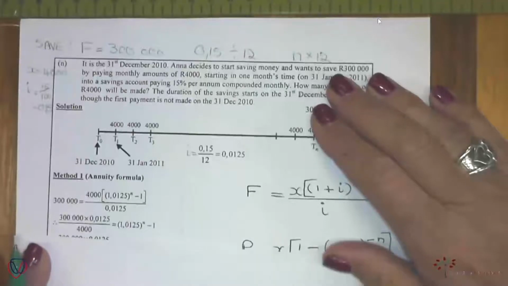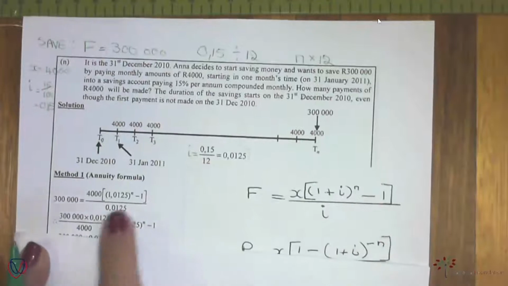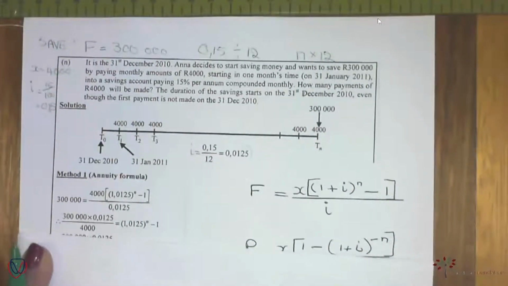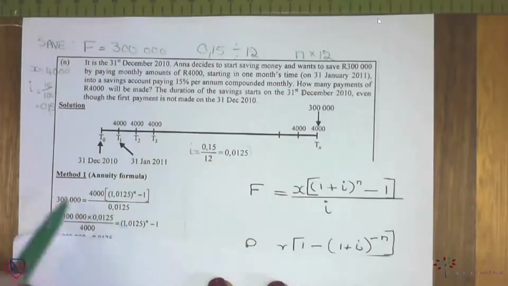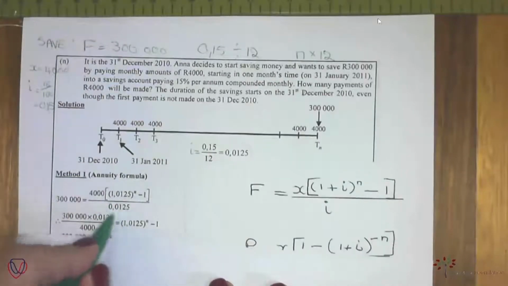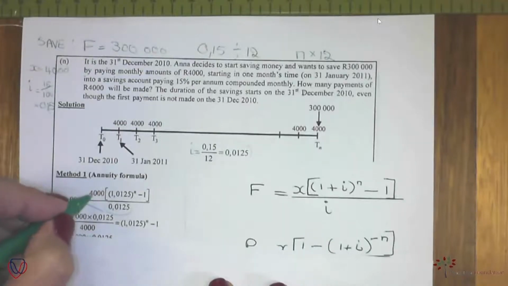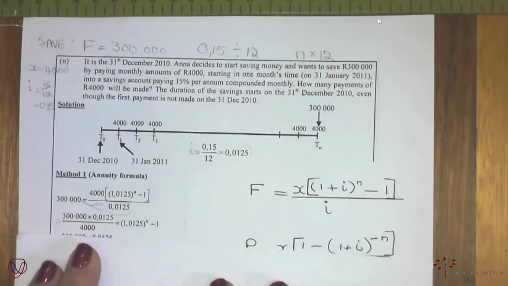Right. Now you multiply by 0.25 on that side because we want N. So we want that bracket on the left-hand side, only that bracket. I multiply by that, and then I divide by 4,000. So you get rid of this by multiplying there, and then to get rid of this, you divide by 4,000 on both sides, okay?